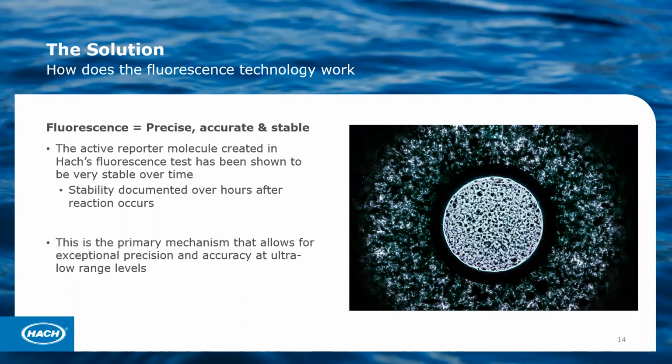What we've seen with our active reporter molecule is that it stops chlorine from changing. It creates this stable molecule, which we can then translate into an actual concentration. And this is the primary reason why we're able to go to single-digit part per billion levels with chlorine and sulfite with high accuracy and precision, better than we ever have been able to before.